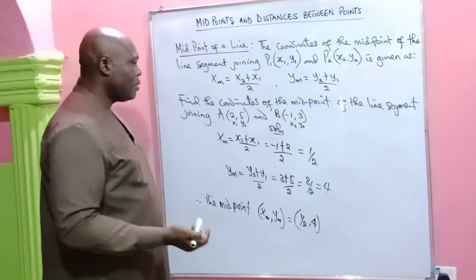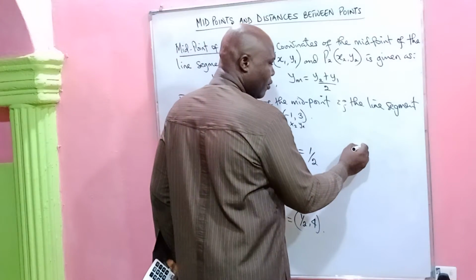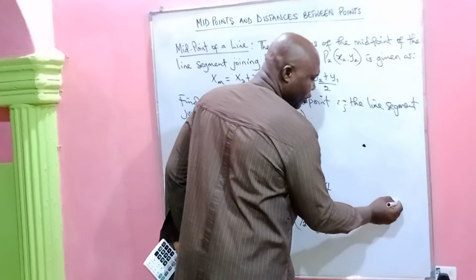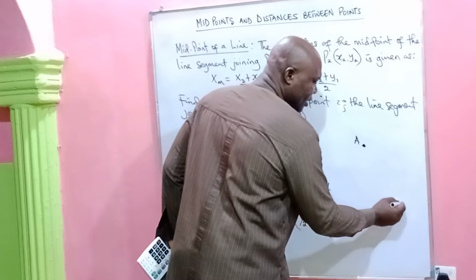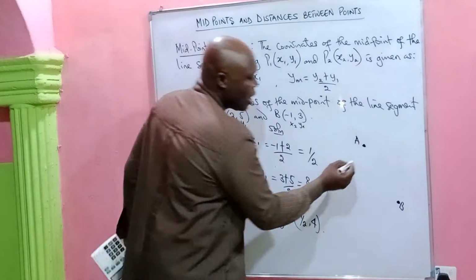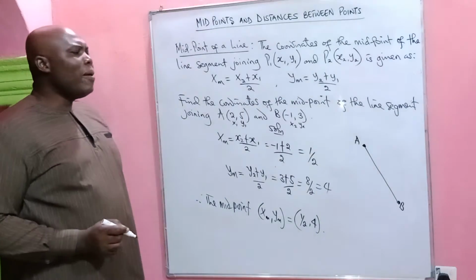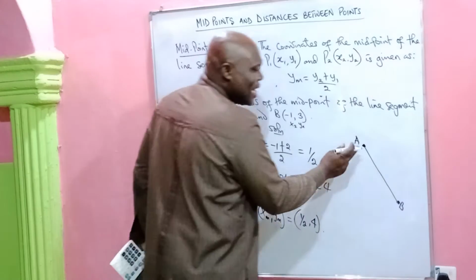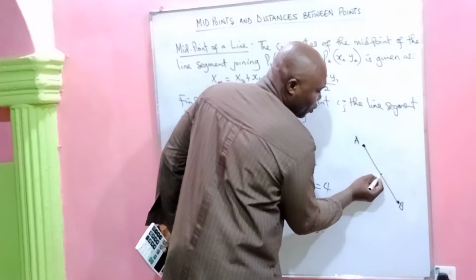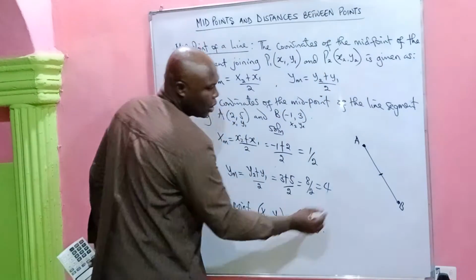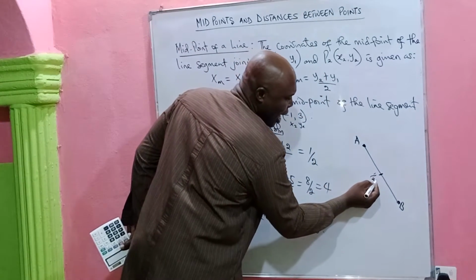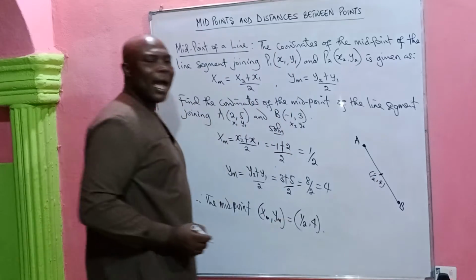What does this mean? It means that if we take point A and point B and map them on space, and we join the 2 points together forming a straight line, it therefore means that halfway between A and B will have the coordinates half and 4 for x and y respectively.